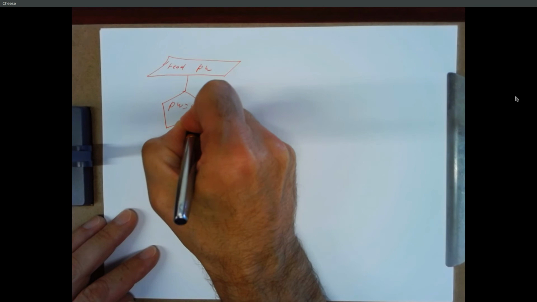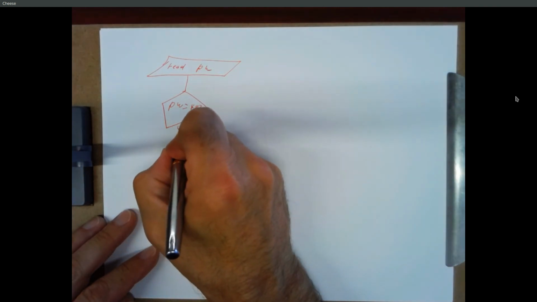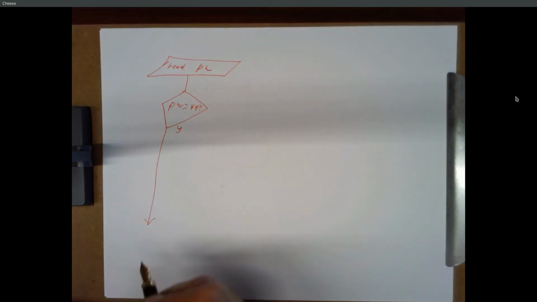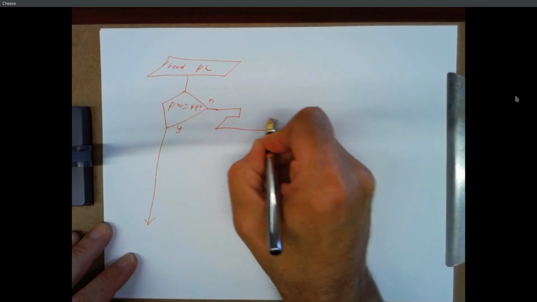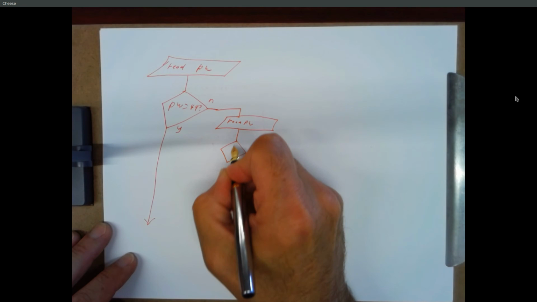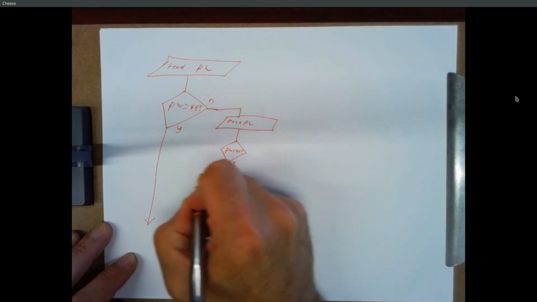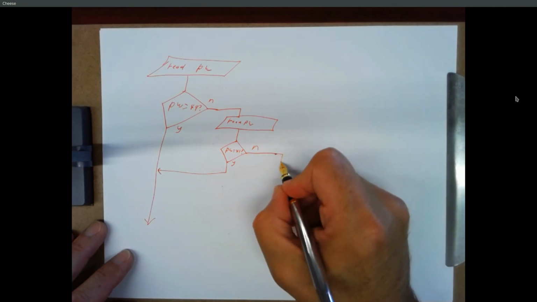Password equals 49. And if yes, then just go on and do whatever, right? If not, we could say read the password. Password equals 49. And if yes, go on. And if not, we could have one more try.